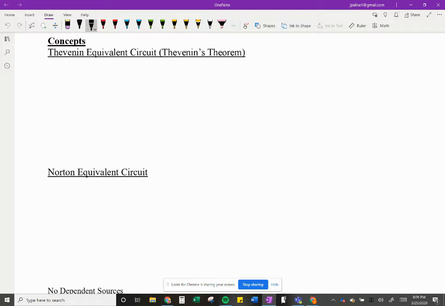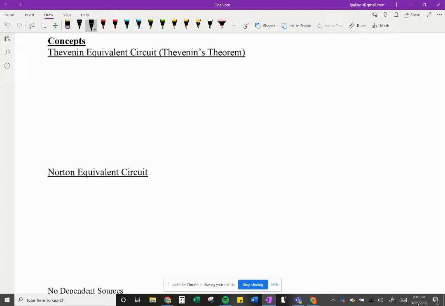So you had to redo the entire analysis because your entire circuit changes. Well, what Thevenin and Norton allow you to do is to create a simplified circuit that prevents you from having to do all the analysis completely over. Okay, so that's the general background of Thevenin and Norton circuits.